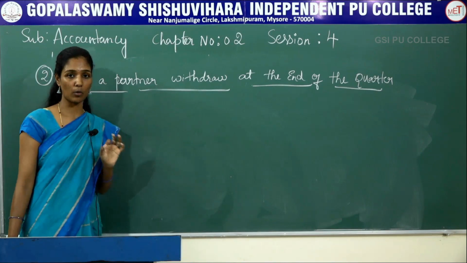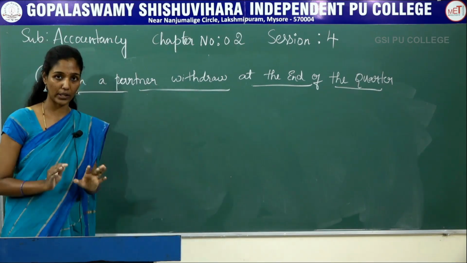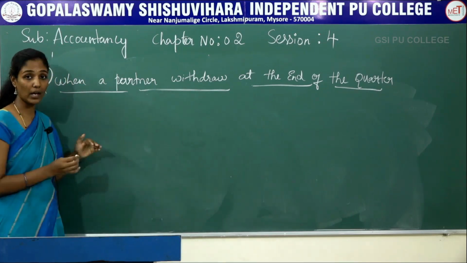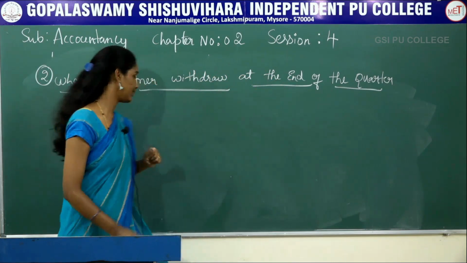Here also in your problem they do not give the date of drawings. You have to find out. How to find out the date of drawings when a partner withdrew at the end of the quarter?